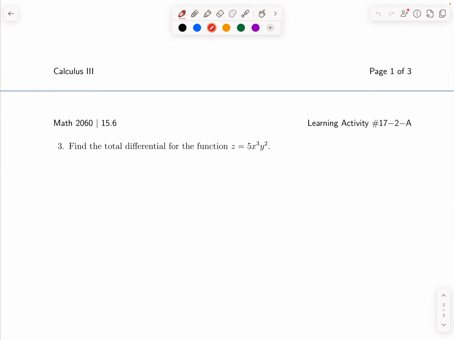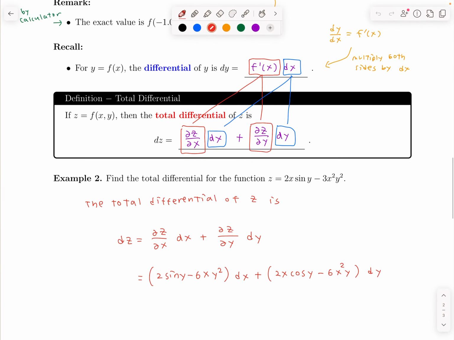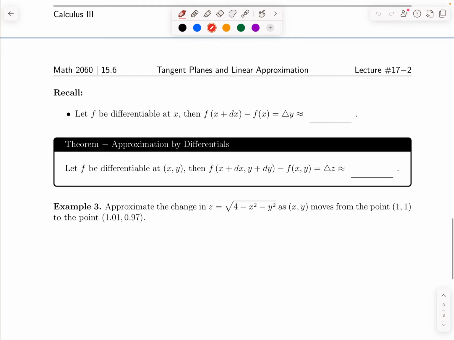Now let's go back to our lecture note. Why do we want to learn this total differential? Now, in Calculus 1, after we learn the differential, we say that delta y is approximately equal to the differential dy. Notice that delta y right here is the change in y.